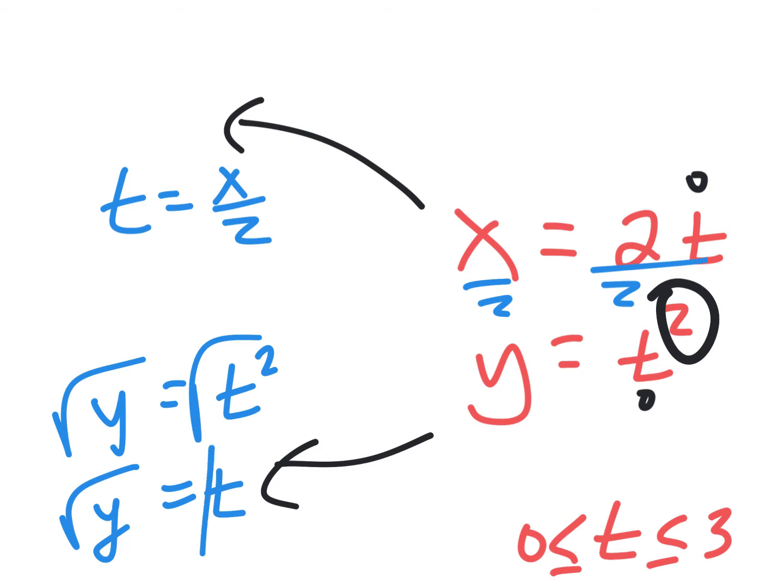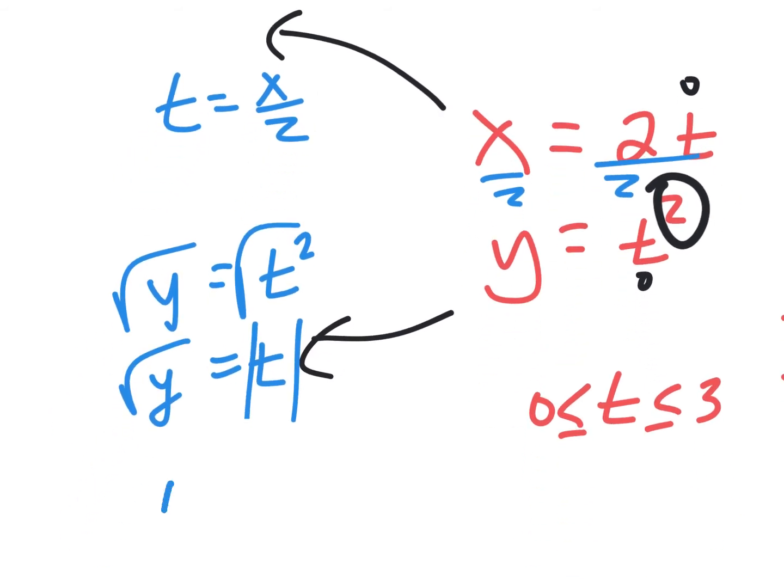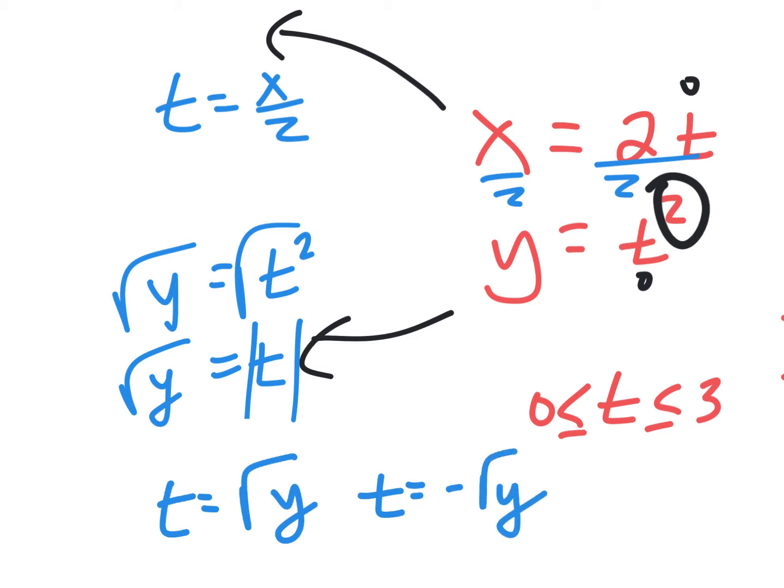Absolute value of t. You are solving for t, and so that's the one that gets the absolute value. And then you get two equations. T equals the square root of y, and t equals negative the square root of y. That makes it much more complicated.